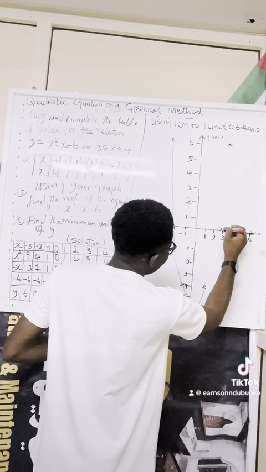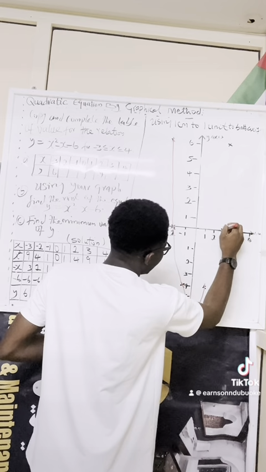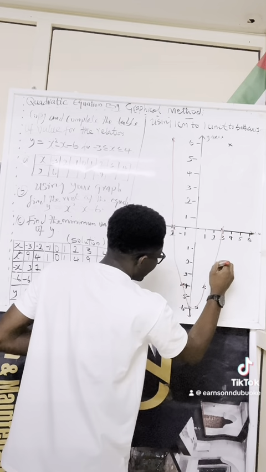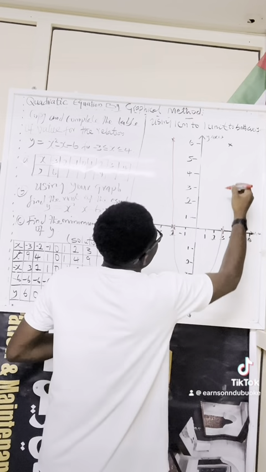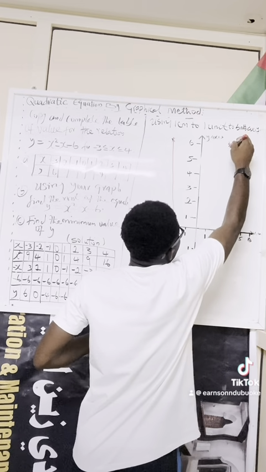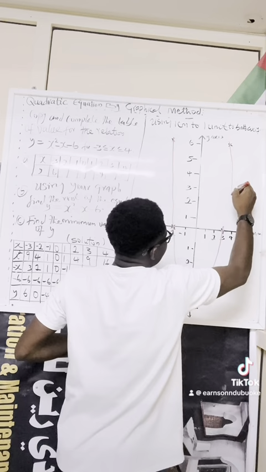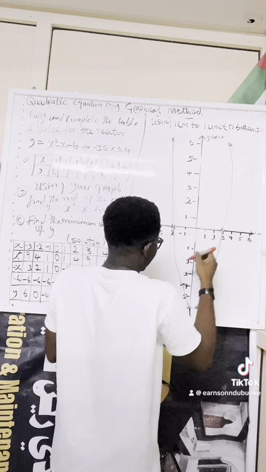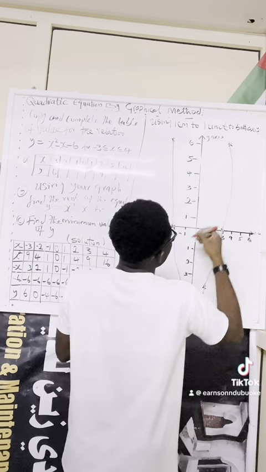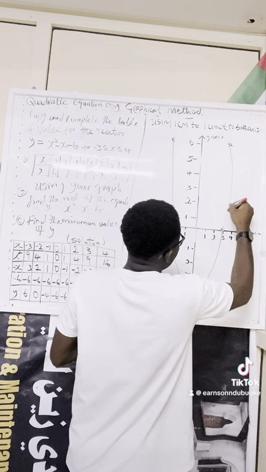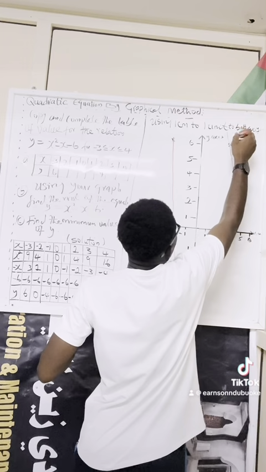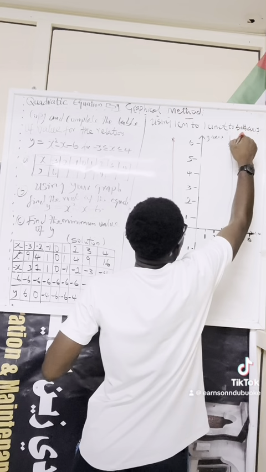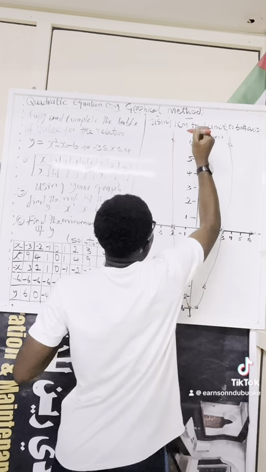Then from here again I come to mark this intersection, so here is the upper side. So I take it like this. So that is it. You can take this graph upwards to any point you like.